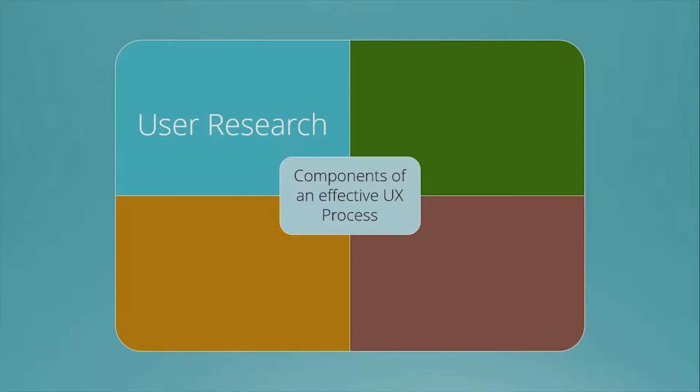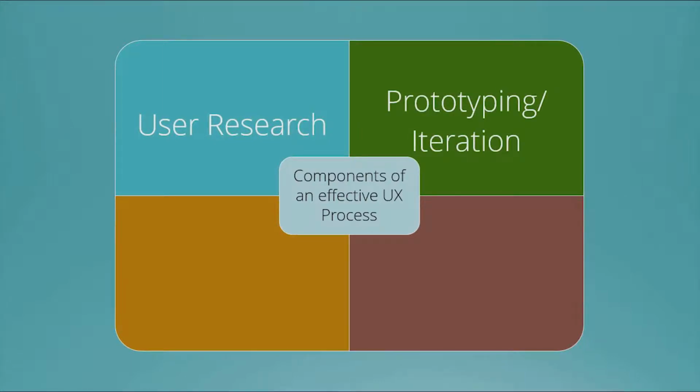All the processes at some point have the idea of prototyping and sketching and iterating design ideas. They vary on when that is and how long that takes, but they all have this idea of iteration, of creating an initial design, being willing to change it, getting some feedback on it, and iterating the design.